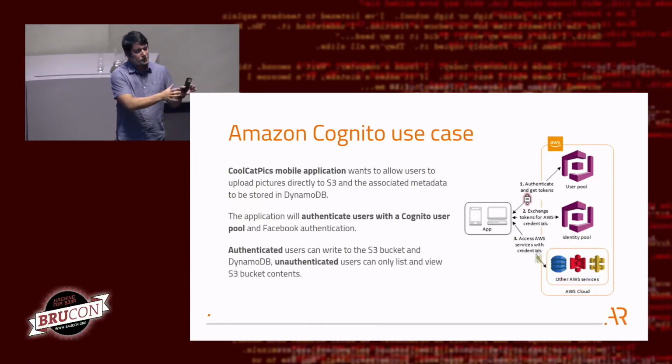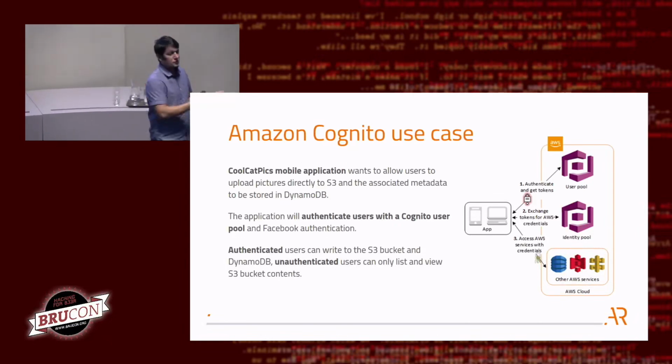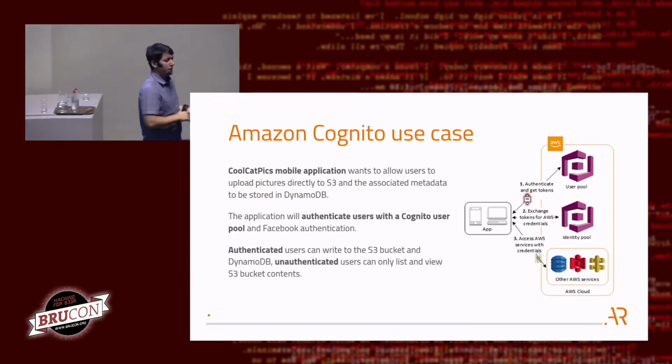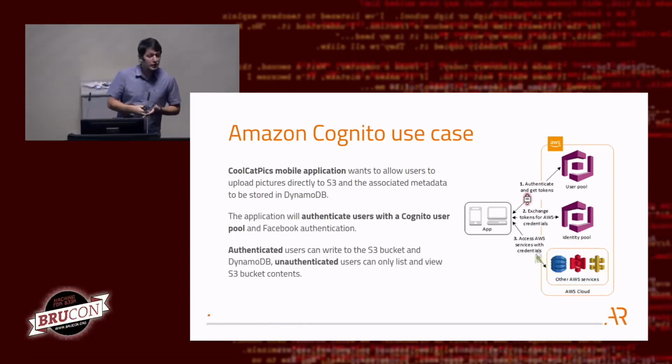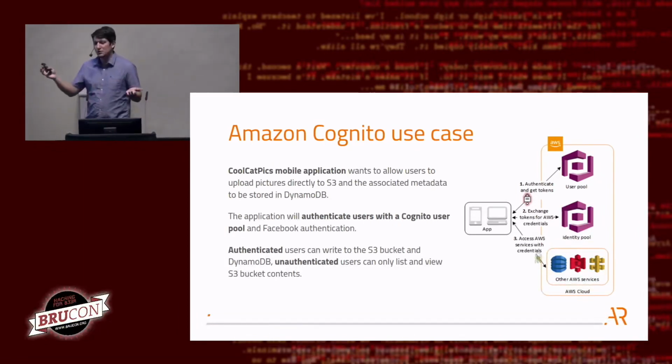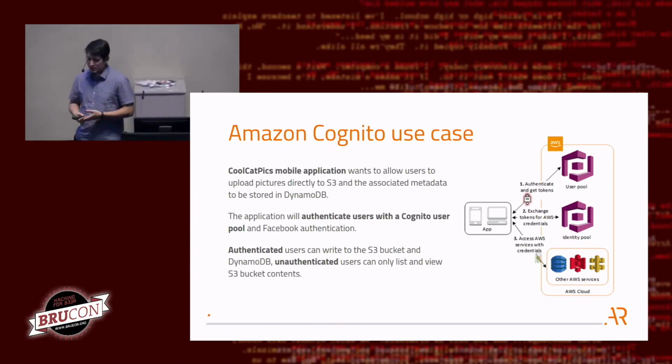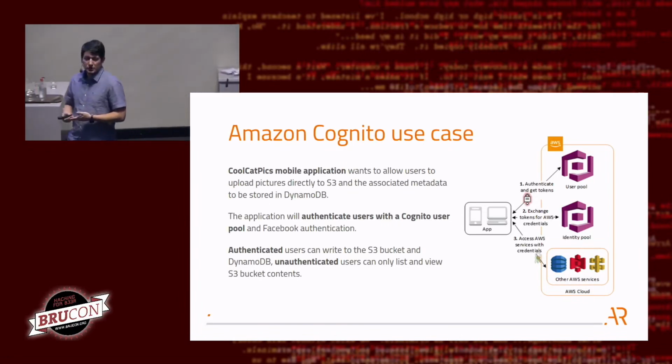The mobile application directly writes to S3 and DynamoDB. Then there's going to be an unauthenticated user. That unauthenticated user can only see the images, read the images, which are stored on S3.